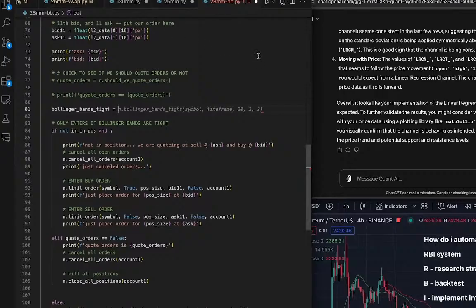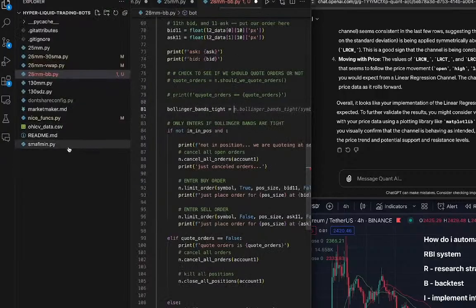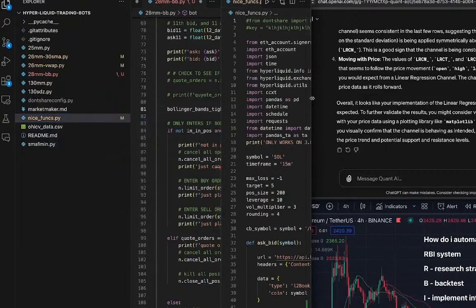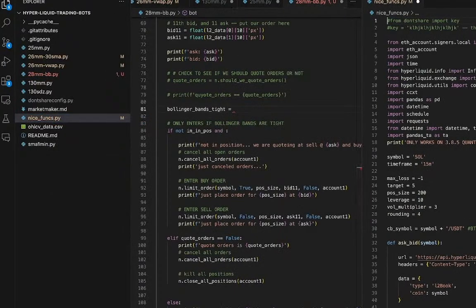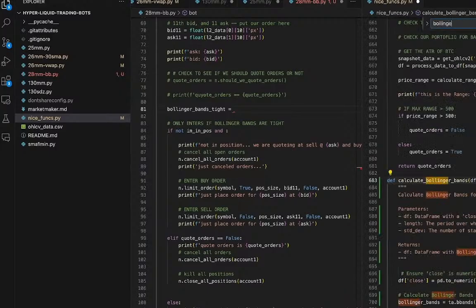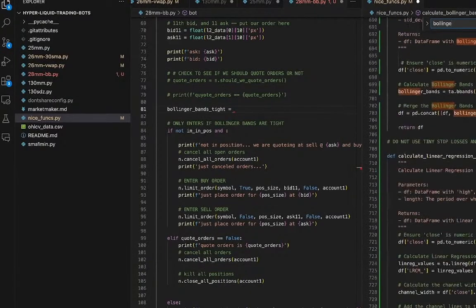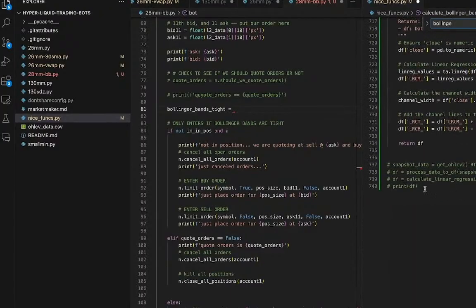We have to go look at our function here for Bollinger Bands. Let's go open this up here to nice funcs. Open to the side. Let's say Bollinger Bands. It's just Legos. So we got to get the data here.